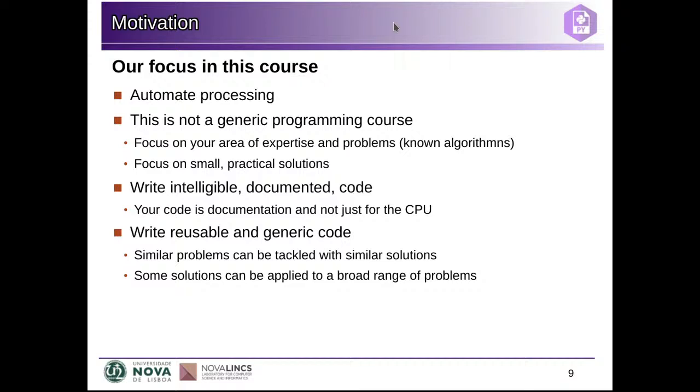So you know what the method is for processing data, you know the algorithms, you may even have practice doing them yourselves by hand, but you want to automate those processes. So we're going to focus on those kinds of problems where you already know how to do things, you just need to know how to tell the computer to do them for you.